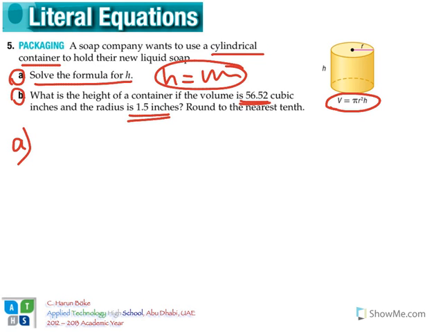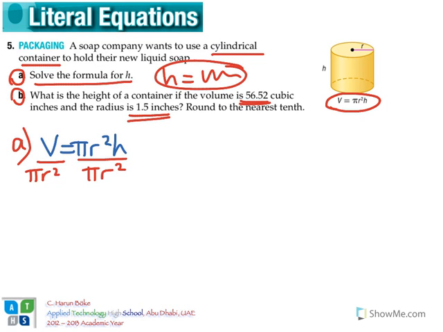So let's start solving part A. Let's write the formula first. V equals pi R square H. Pi times R square times H. Now, since all of the terms are in multiplication, to leave H alone, we are going to divide both sides by pi R squared.